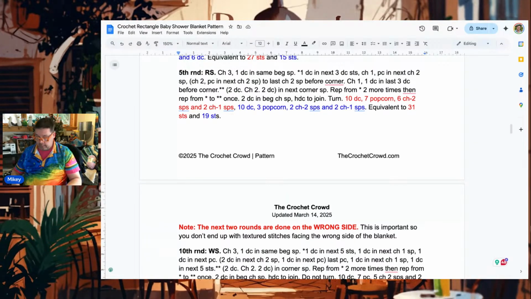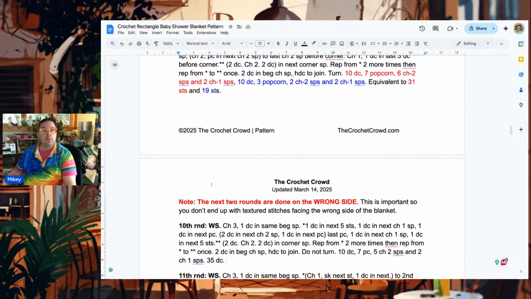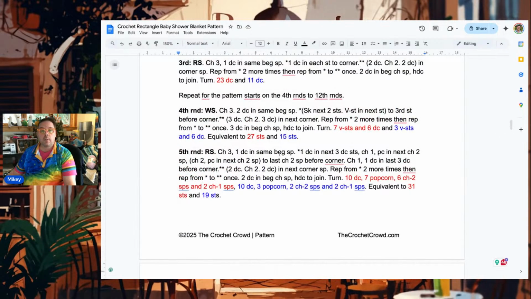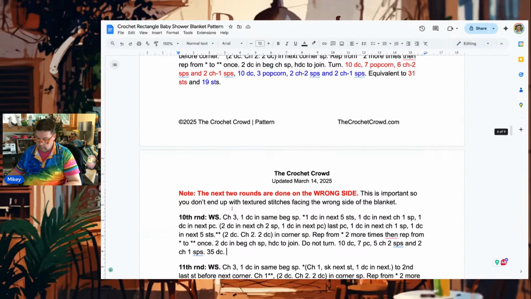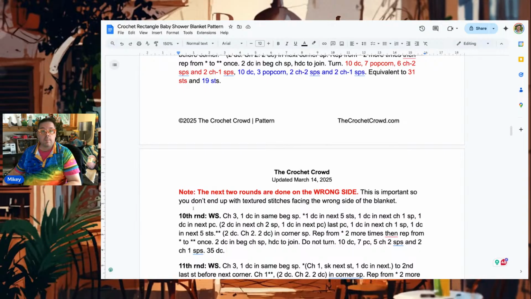Might be a little bit fiddly. I'll give you fiddly, Debbie. Okay, so the 6th round is the popcorn round. 5th round is, the 6th round is double crochet.